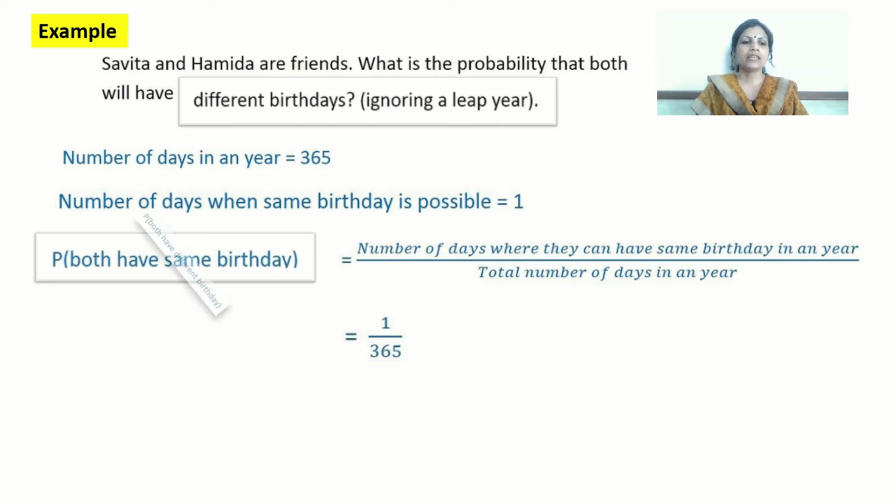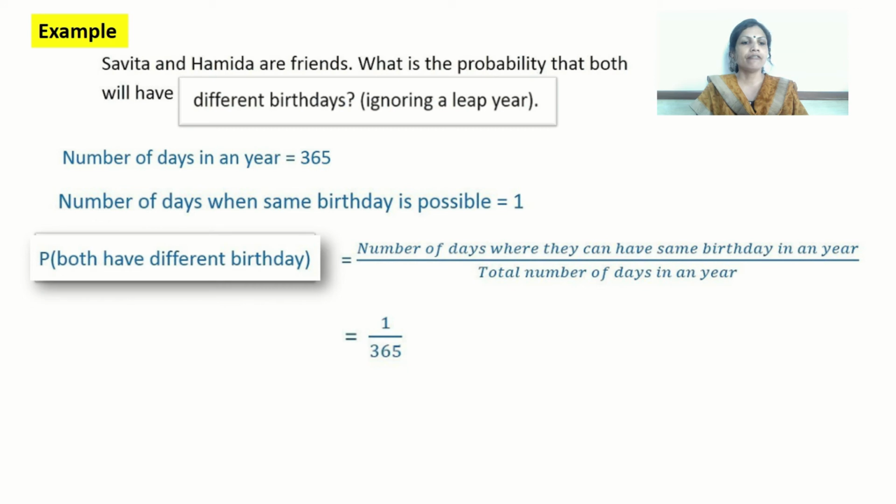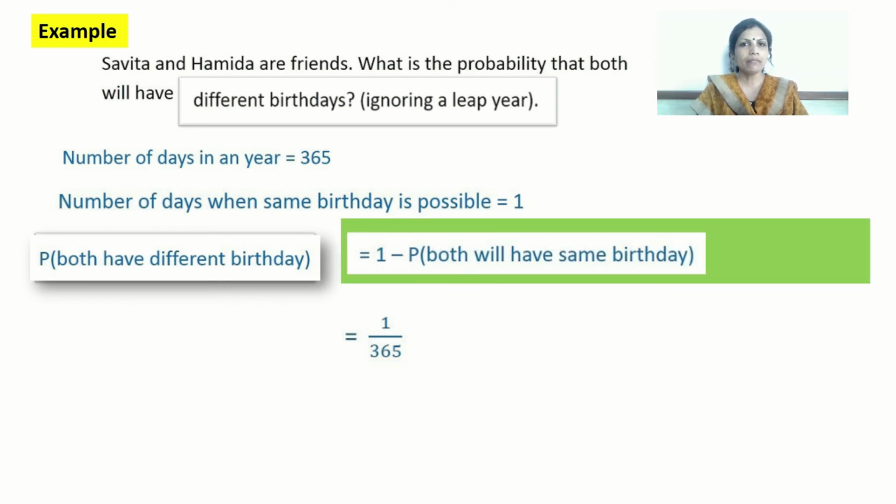So probability that both will have different birthdays is equal to 1 minus probability that both will have same birthday, because we have just calculated the probability of both having the same birthday, so we can make use of this. So if we substitute the values, it is 1 minus 1 upon 365.